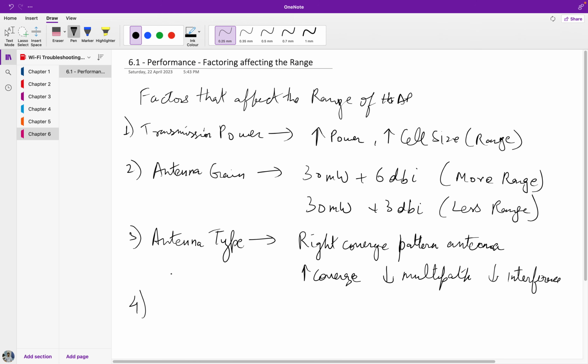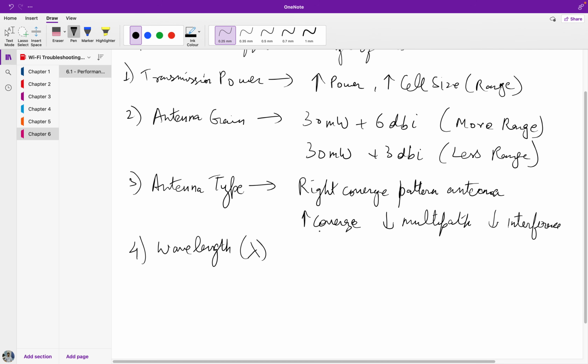The other factor that comes to my mind is the wavelength. We know wavelength is represented by lambda, that's the symbol for wavelength, and wavelength is inversely proportional to the frequency.